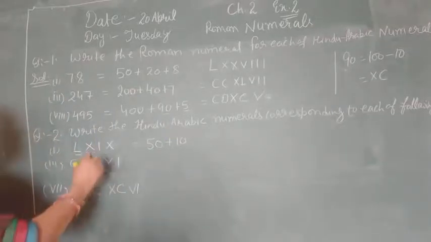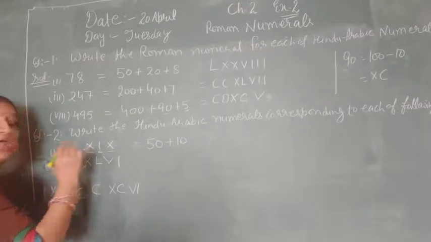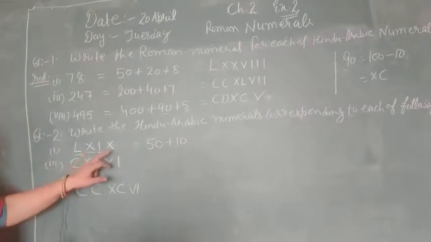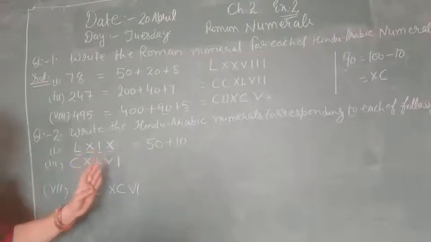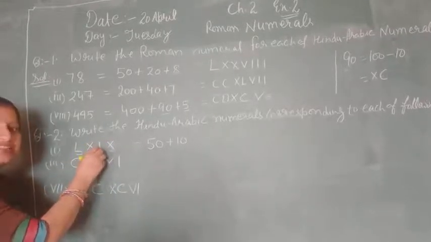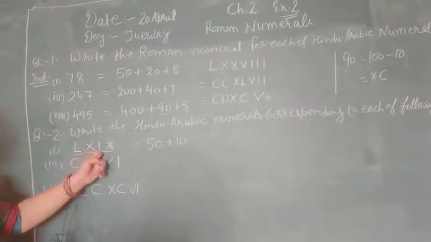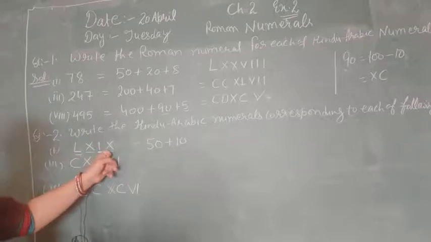Now our next symbol is I, and the next symbol is X. And here we see that X is a bigger number, and before the bigger number we see the smaller number. It means that we subtract the smaller number from the bigger number.